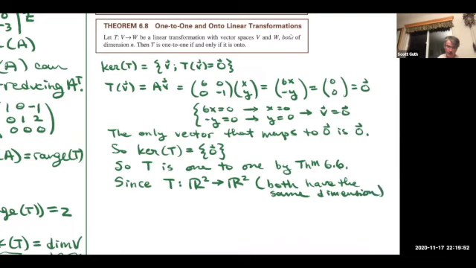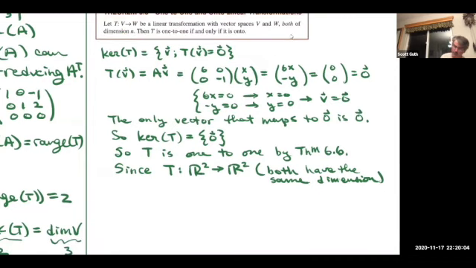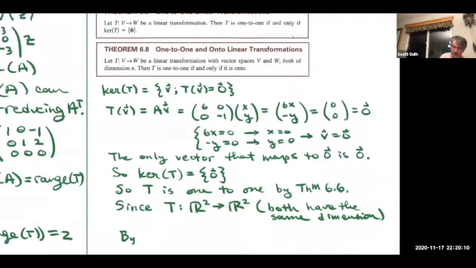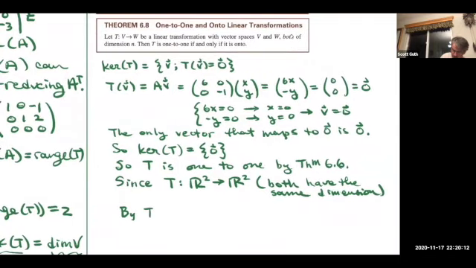Then theorem 6.8 says that if it maps from V into W and both V and W have the same dimension, N, then T is 1-to-1 if and only if T is onto. So by theorem 6.8, T is onto.